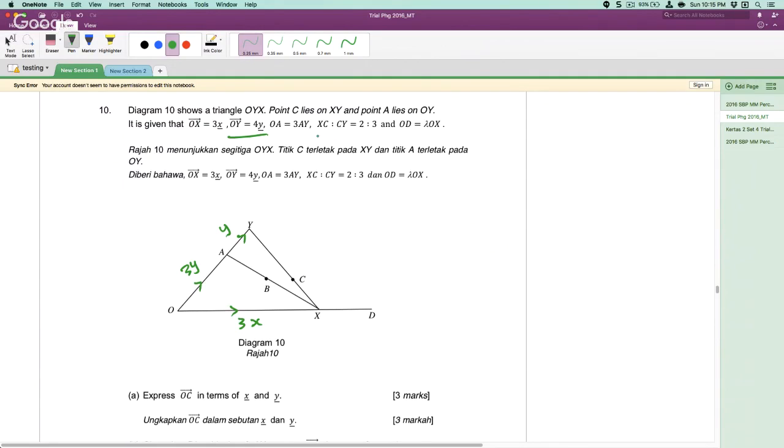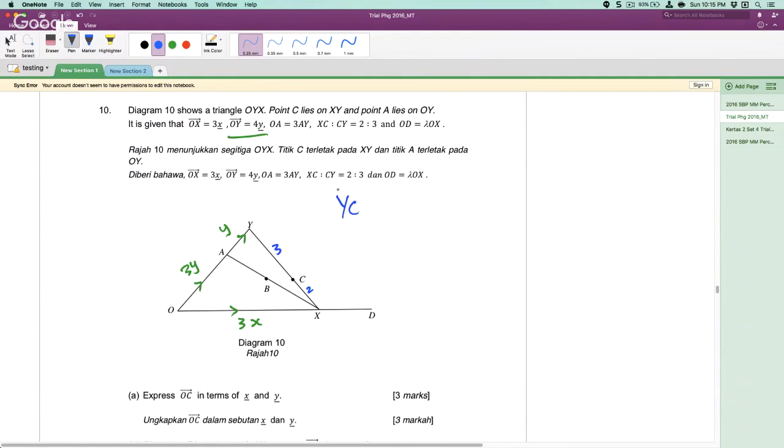And then these ones, the question says XC and CY, so XC will be ratio 2 and this one will be ratio 3. We want to find OC. Before I find OC, I'm trying to find YC first.